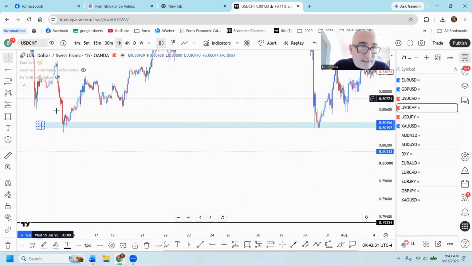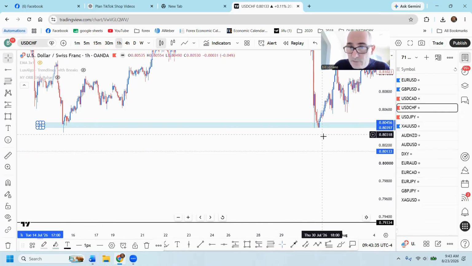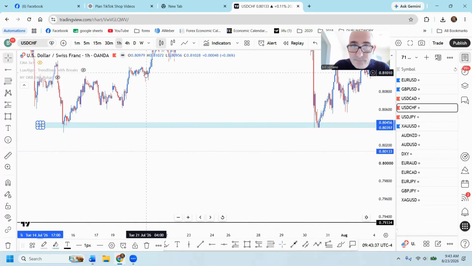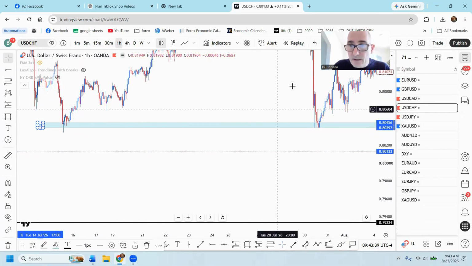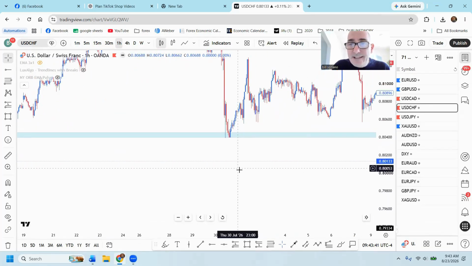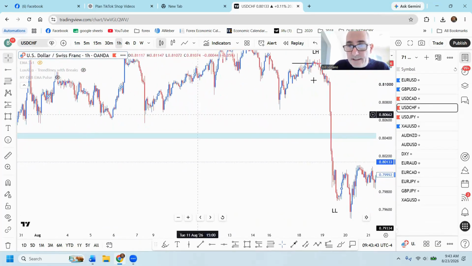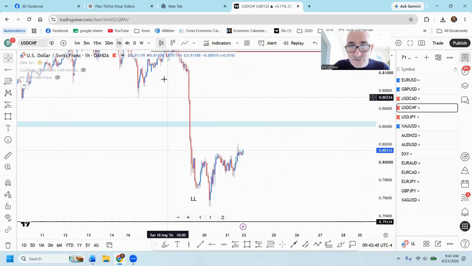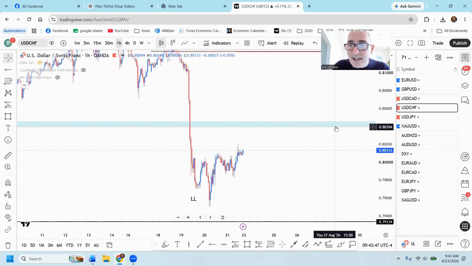And you could see that this area on the 1 hour, it was support 2 times. See? Support bounced off. Support bounced off. Now we're looking for it to become resistance. Since it has passed through that zone, now it becomes 1 hour resistance.